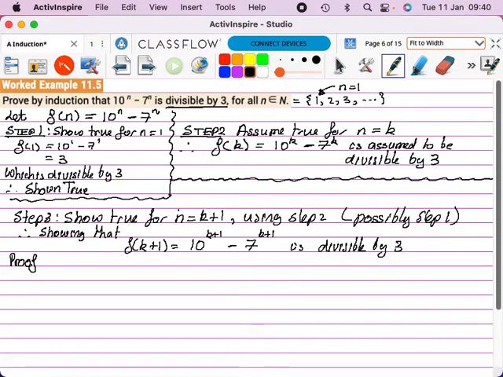And what you've seen from the previous page is the trick. And the trick is, for divisibility proofs, we need to make this look like the previous step. And the previous step quite clearly states we've got a 10 to the k and a 7 to the k.